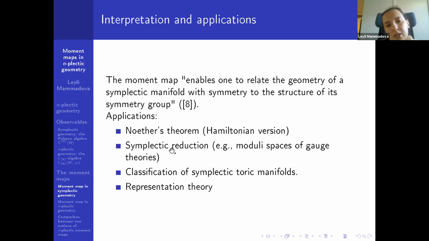Then symplectic reduction, that's the first one that stops being straightforward. So symplectic reduction in full generality, as in the Marsden-Weinstein result, doesn't hold, but it holds for special classes of multisymplectic manifolds.